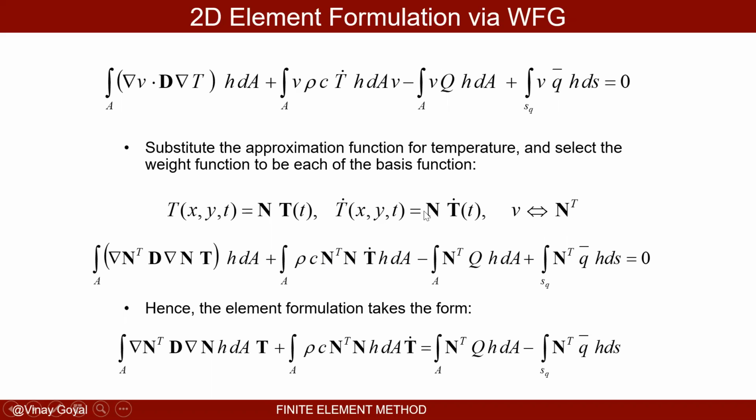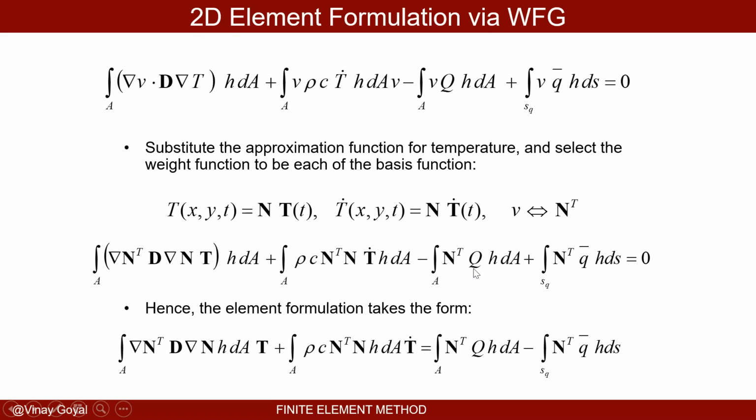T dot is N bold times T bold dot. That's exactly what you see here. And then I have h dA over there. This v here is an error, so that v should not be there. I'm sorry about that. Minus the integral, and then for v, again, N bold transpose, Q stays there, and here again, v is N bold transpose. These are on the surface, while these are inside the volume. Very important distinction.